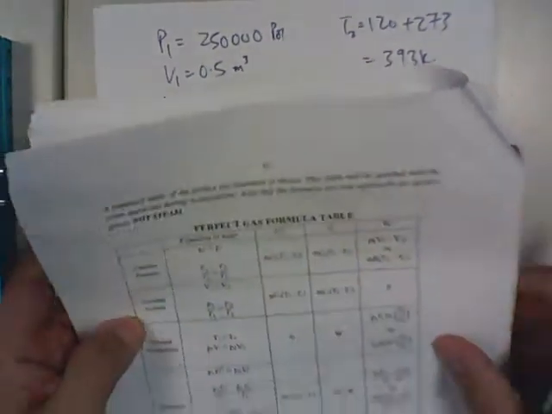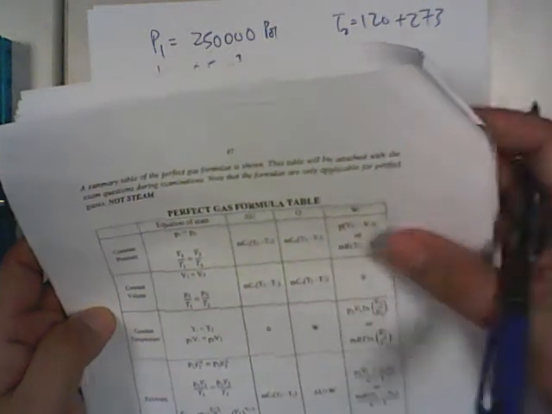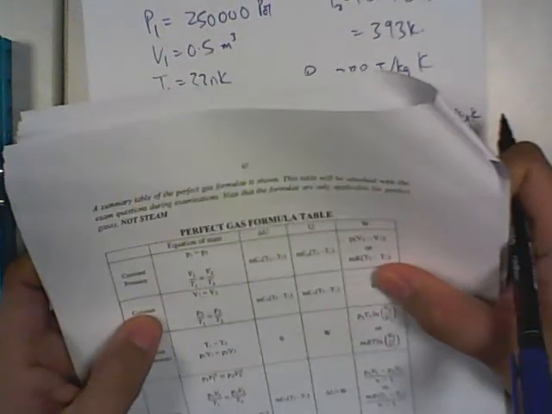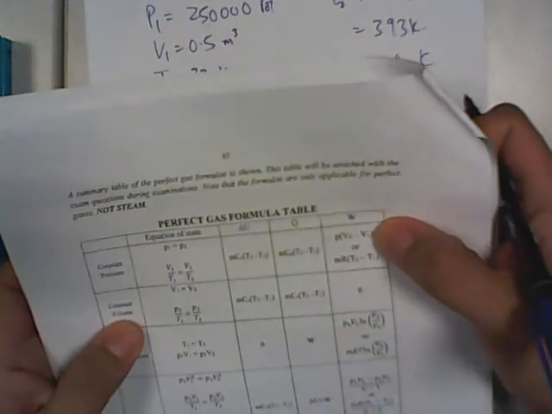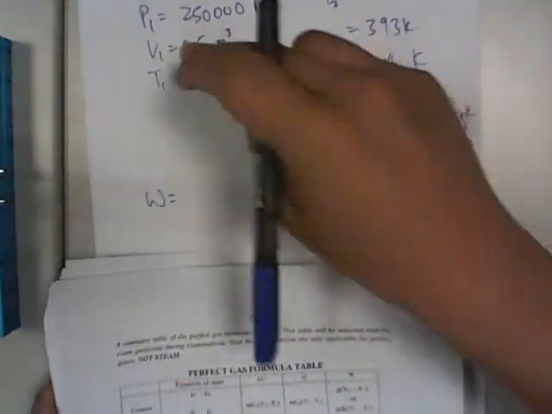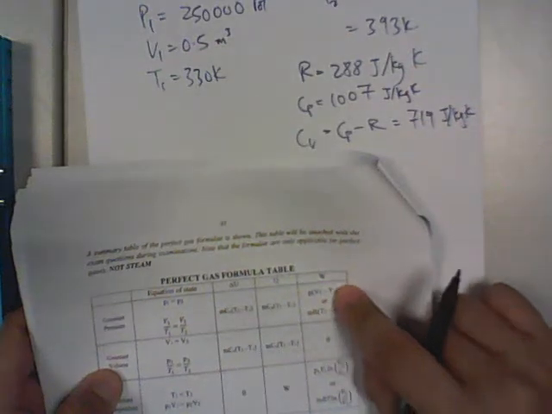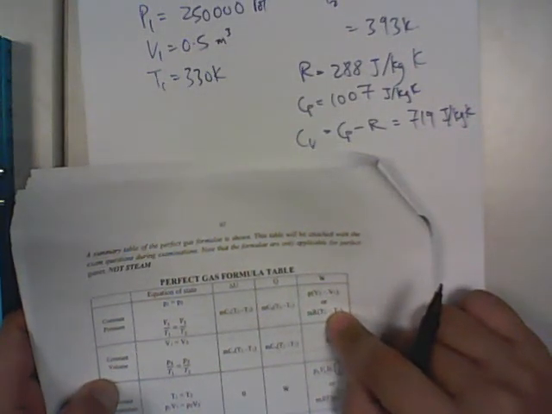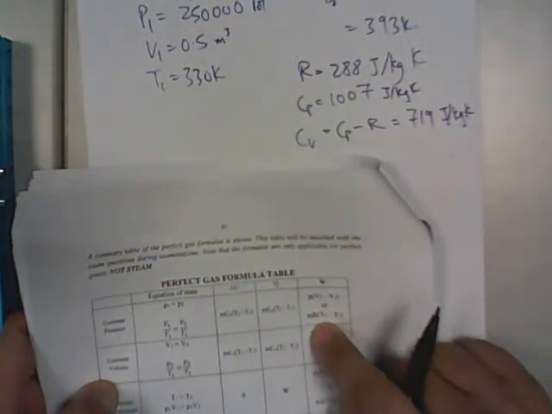So the work done for constant pressure is MR(T2 minus T1) or P(V2 minus V1). Okay, you need to look at which properties are given to you, and which formulas you should use more efficiently. So I think instinctively you have temperatures, you should be using the second formula over here.